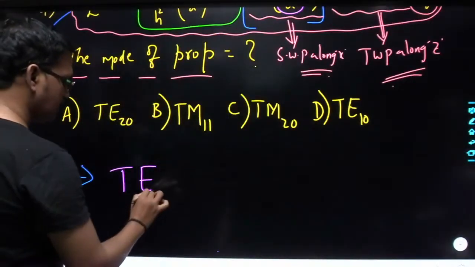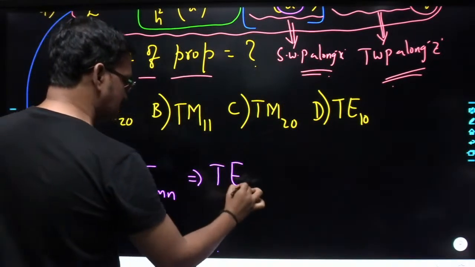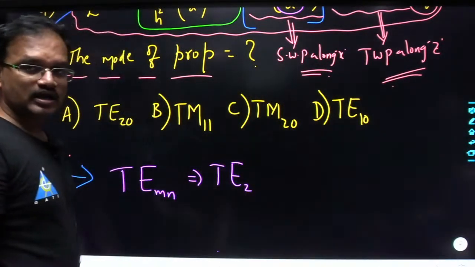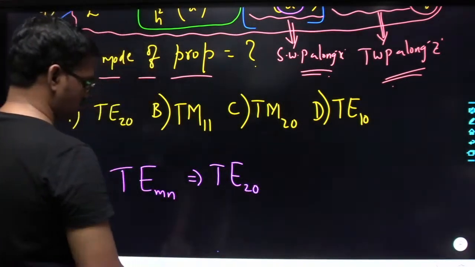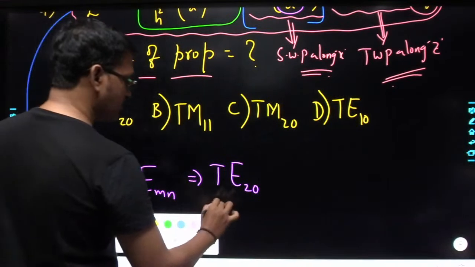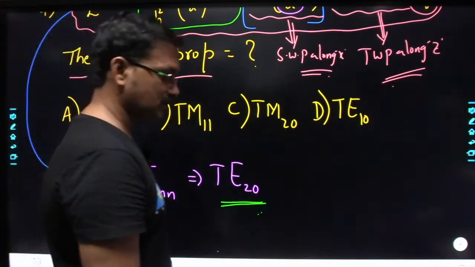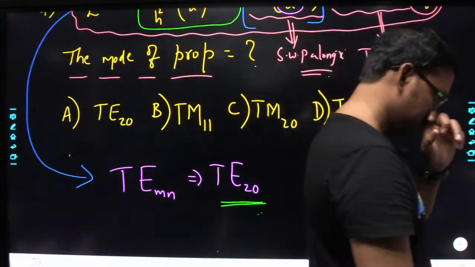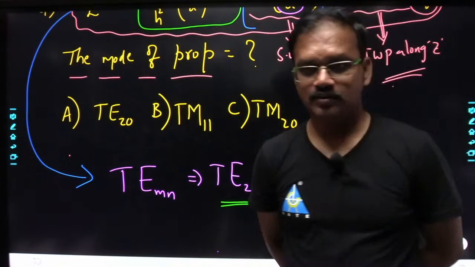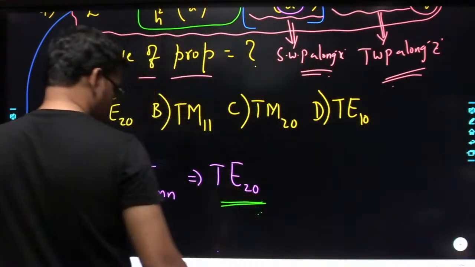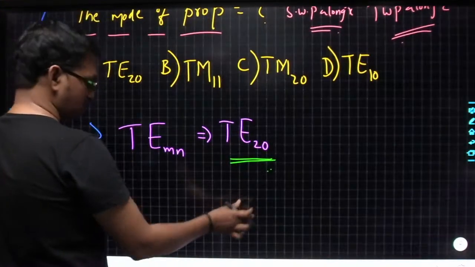So here TE mn is equivalent to TE, with m value equivalent to 2. And there are no standing wave patterns along y, which means n is equal to 0. So the given mode must be nothing but TE20 mode. The given mode is nothing but a TE20 mode here.